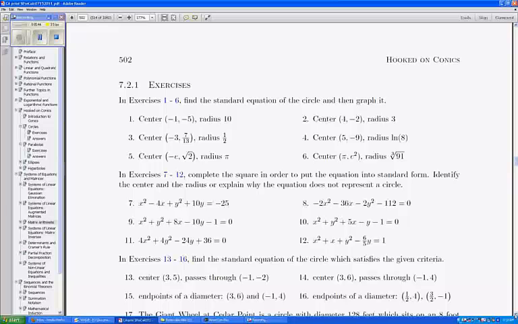So for problem 7, I'm going to write down that equation. x squared minus 4x plus y squared plus 10y equals negative 25. And I claim that is also a circle. And so what we're supposed to do is put it in standard form and then identify the center and the radius. Or maybe you won't get a circle. All right? And if so, you have to explain why.